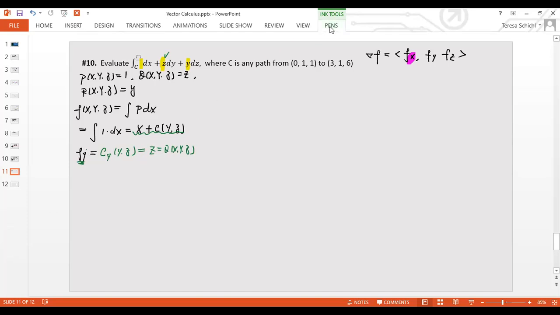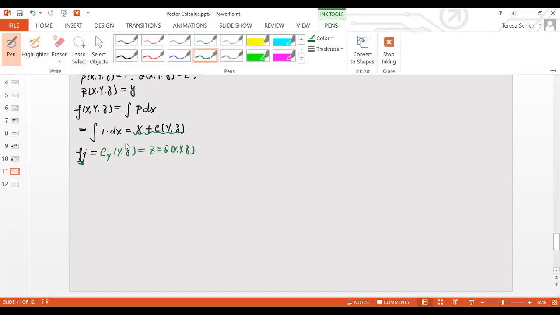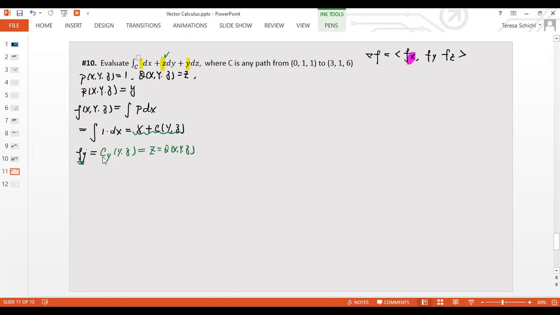Okay, so now what I need to do, see here. This is c_y z, it's equal to z, and I need to integrate it back. I want to integrate the c_y z, so I'm integrating the y's here, because this second one is y.